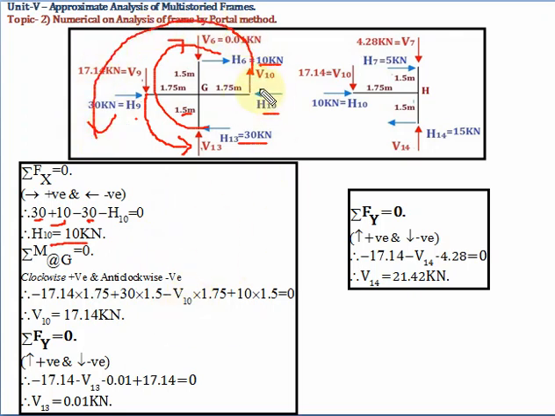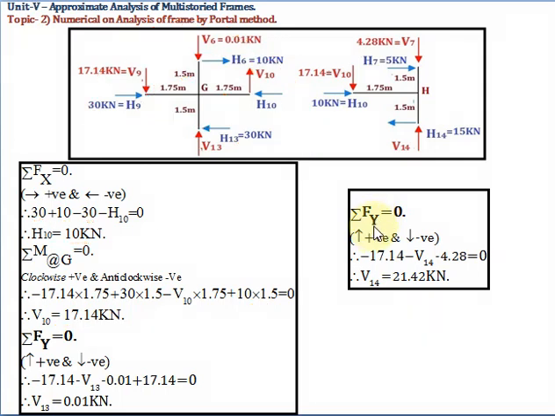Anti-clockwise, minus, distance 1.75. Then 10 acting in the clockwise direction, plus, distance 1.5. By simplifying this we'll get the value of V10, 17.14.